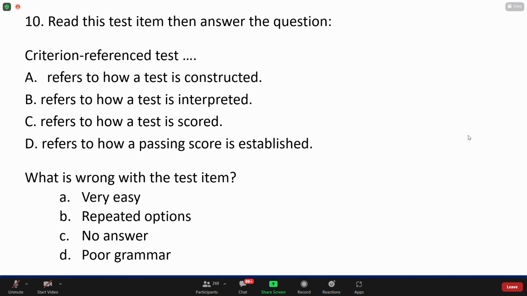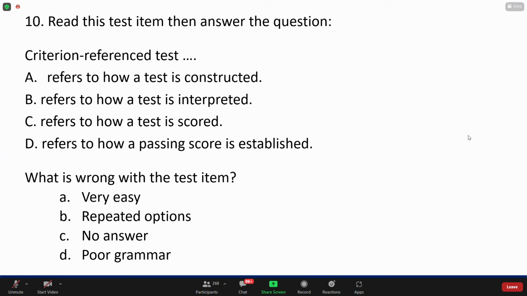D, refers to how a passing score is established. What is wrong with the test item? A, very easy. B, repeated options. C, no answer. D, poor grammar. Letter A po, sir. It's very easy.